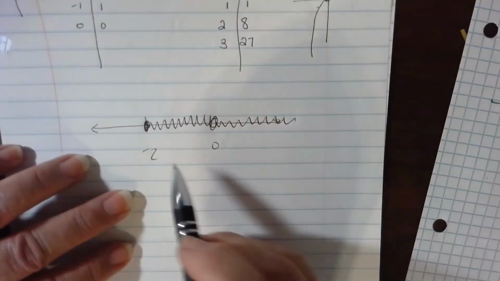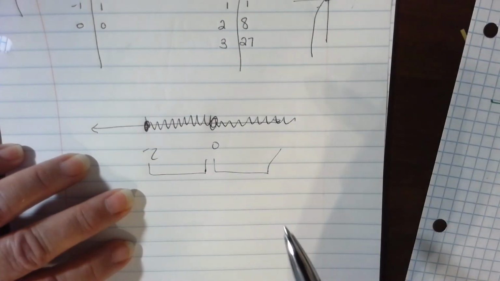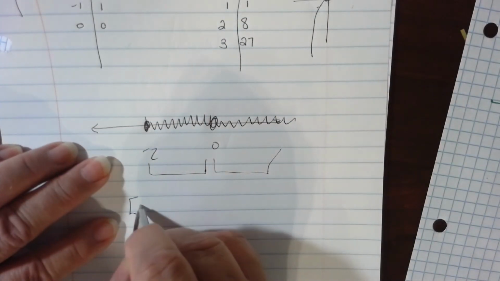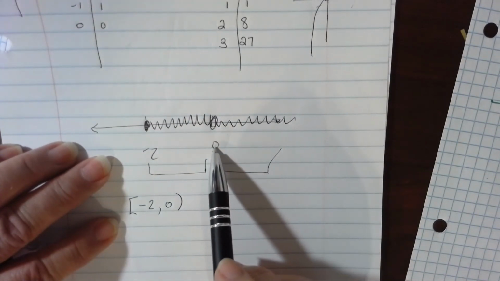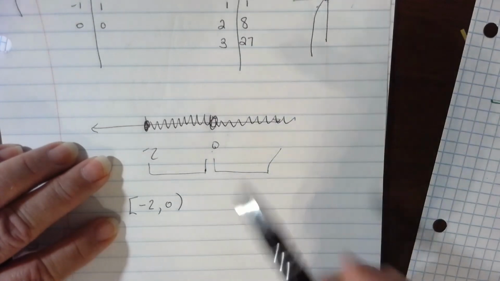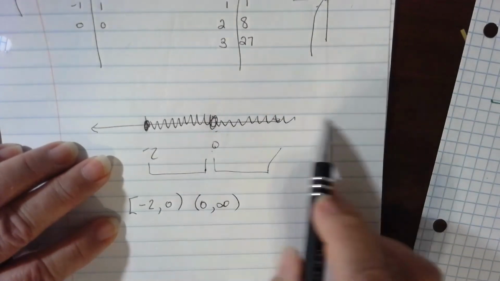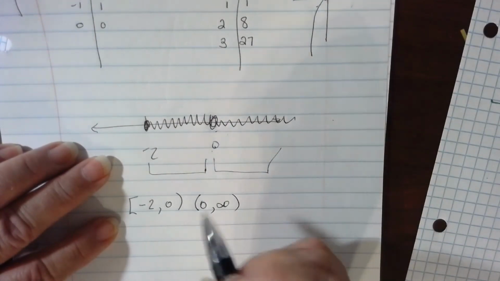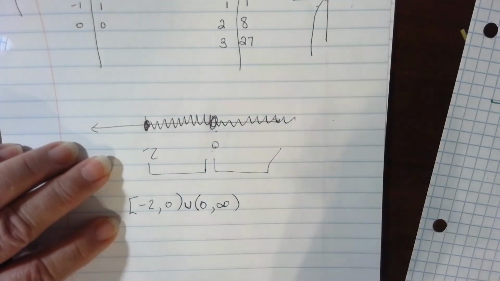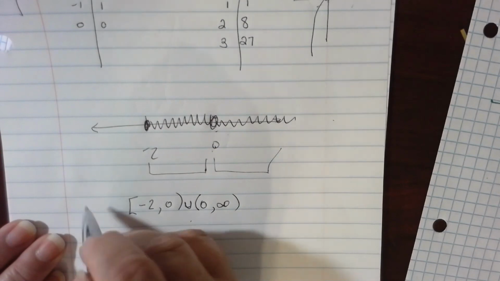So my domain is going to have to be written in two parts, from here to here, and from here to here. So I use a bracket on -2 with a parenthesis on the 0 because it's not included. Then I start again and go from 0 to positive infinity, again with a parenthesis because the 0 is left out. And you put the little OR symbol or union symbol right there in between them. So that's my domain.